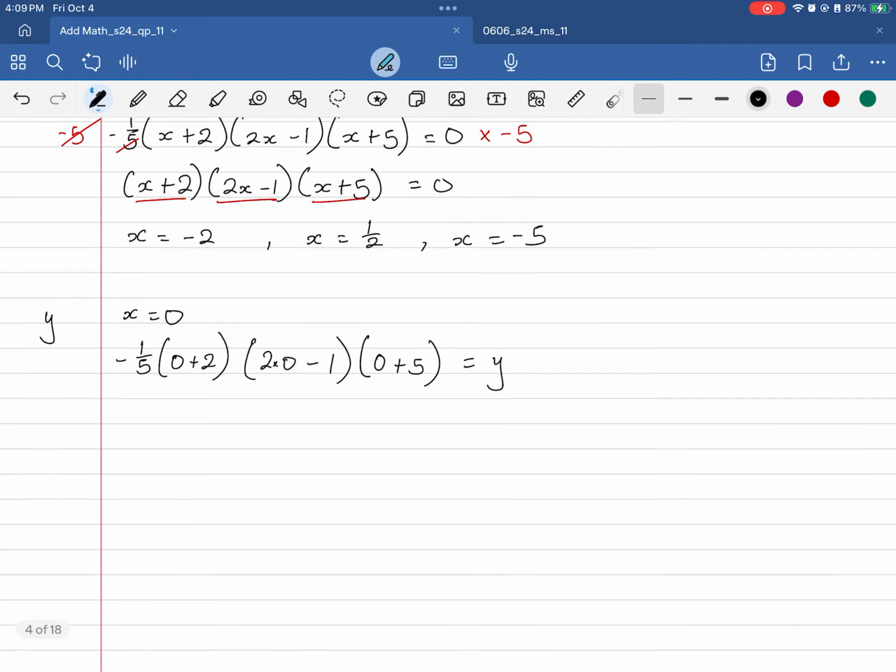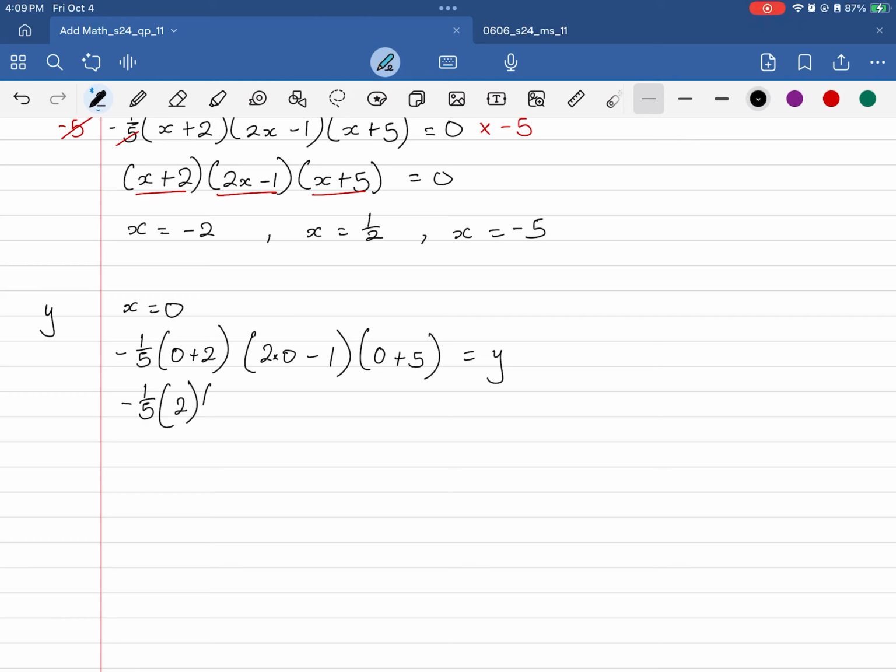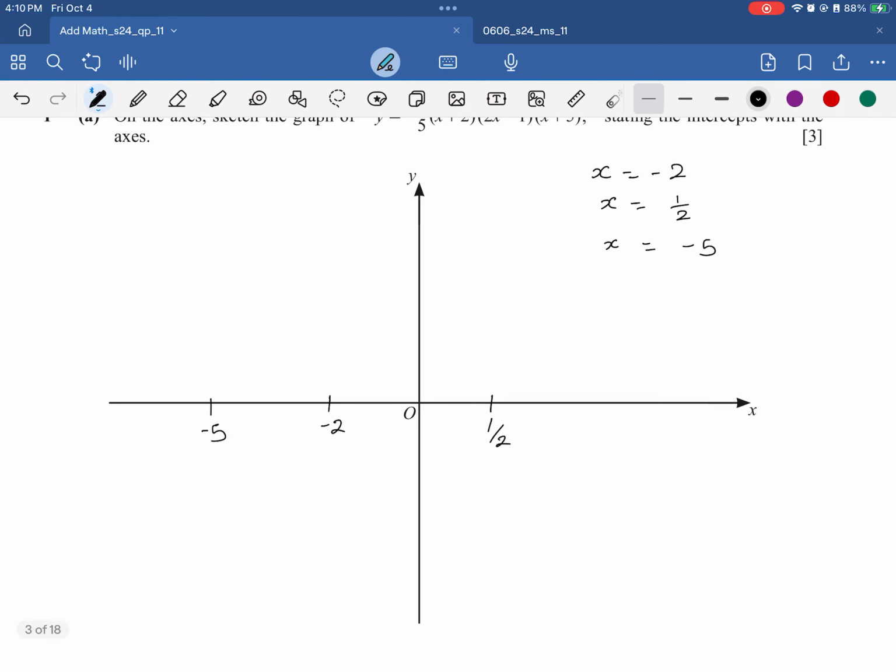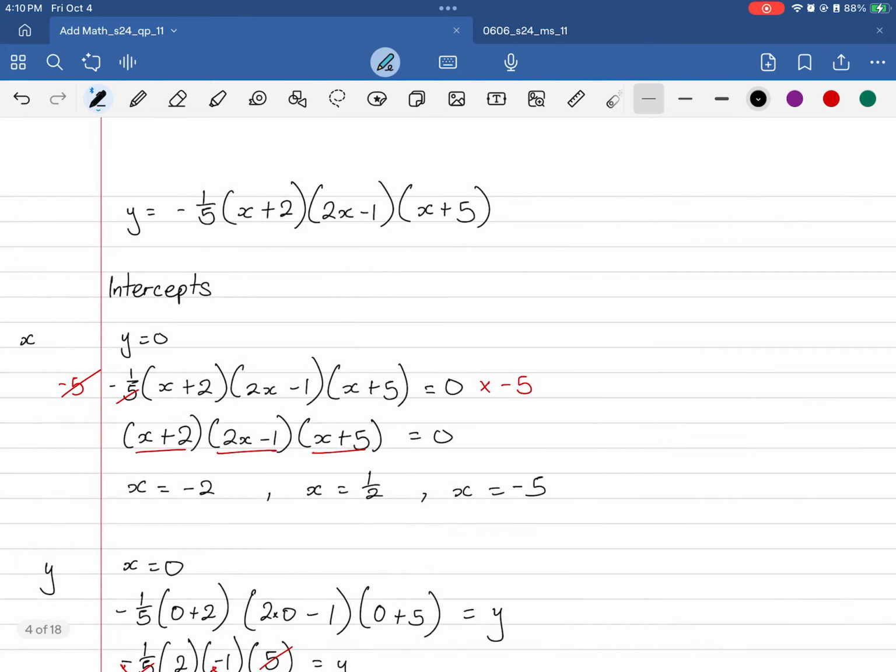So this is minus 1 over 5, 2 plus 2 is 2, this is minus 1, and this is 5. 5 cancels 5, minus times minus is plus, so then your y is just 2, which means your y is here, 2.